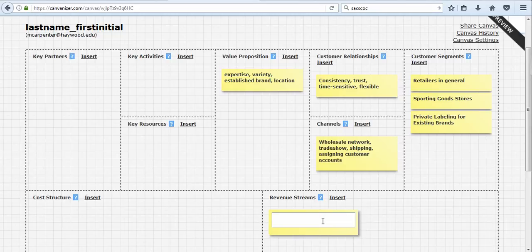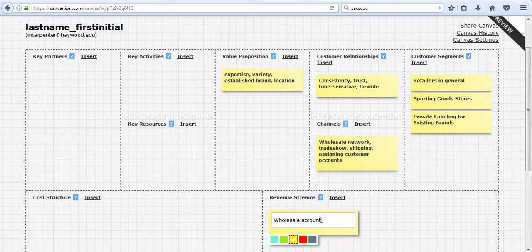side of the canvas. Revenue streams are the different streams of money coming into the business. So I'm a manufacturing facility, and I bring money in through wholesale accounts, right? When I sell to these stores that then turn around and put my socks in their store.